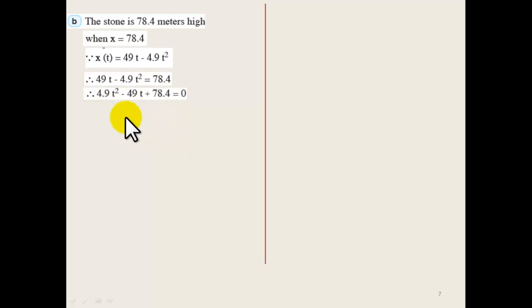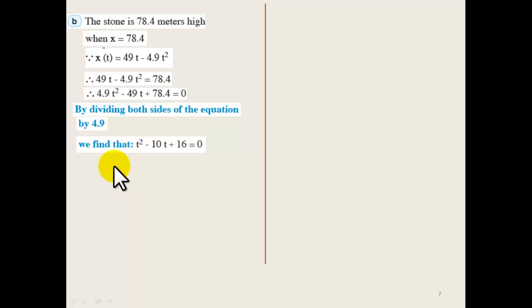To solve it, we change the sign and arrange it. It will be 4.9t square minus 49t plus 78.4 equals 0. We simplify it by dividing both sides by 4.9. So we have the equation t square minus 10t plus 16 equals 0, and we will factorize it.